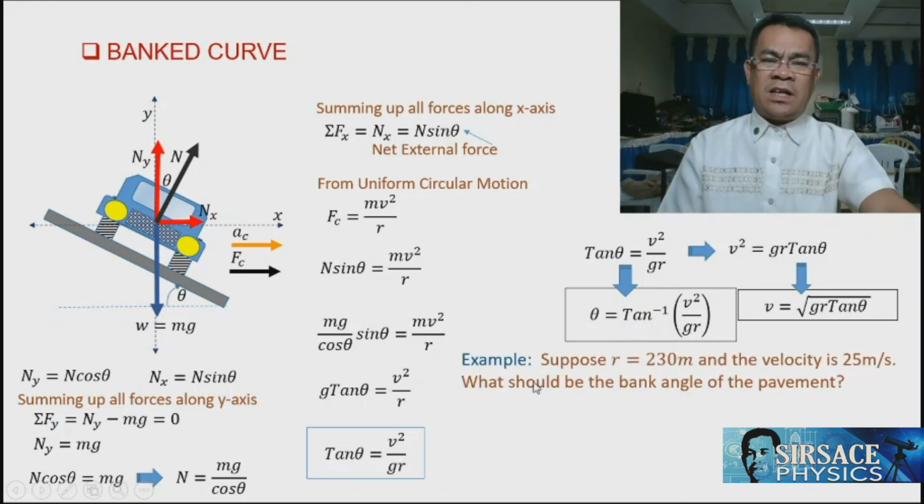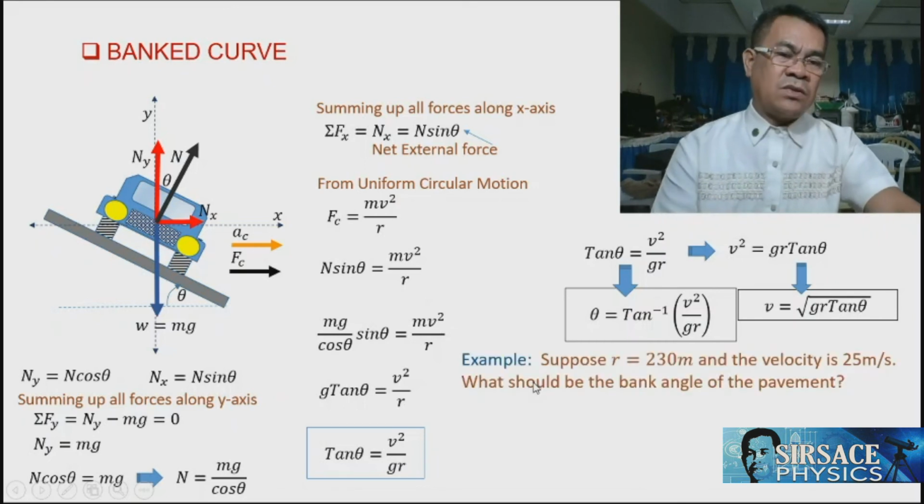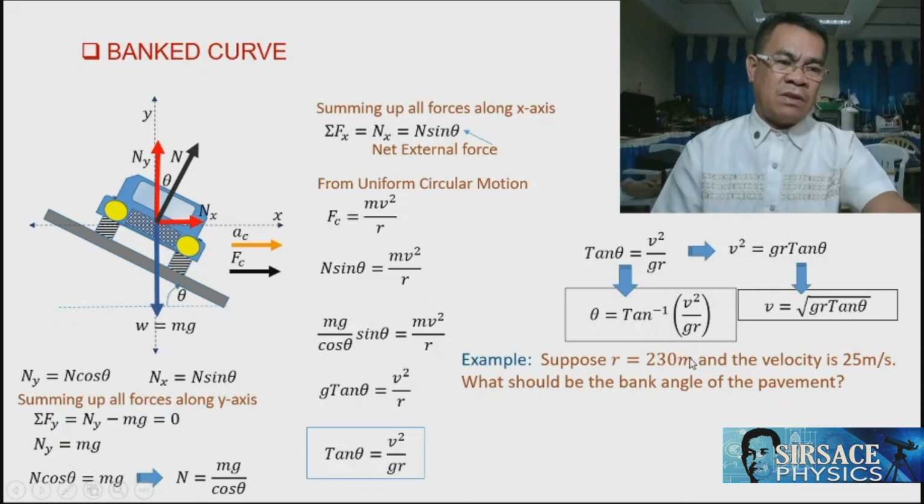Now, let's have the actual problem or situational problem. Suppose we have a road designed with a 230 meters radius, and this is a bank road. And the velocity is 25 meters per second. Question: what should be the bank angle of that pavement?